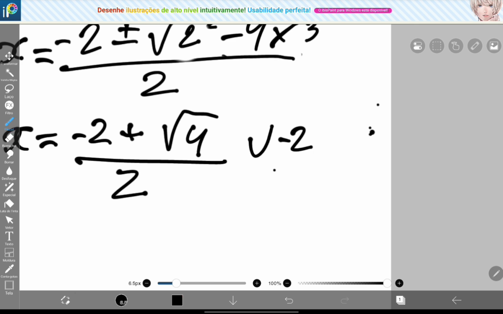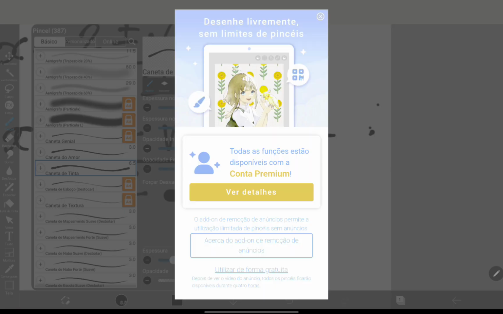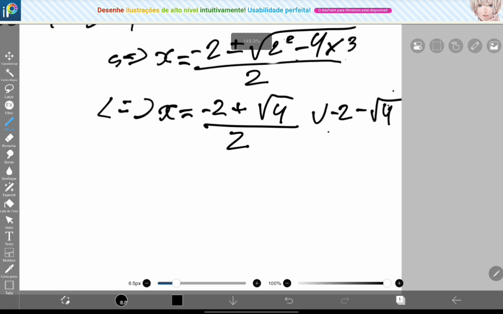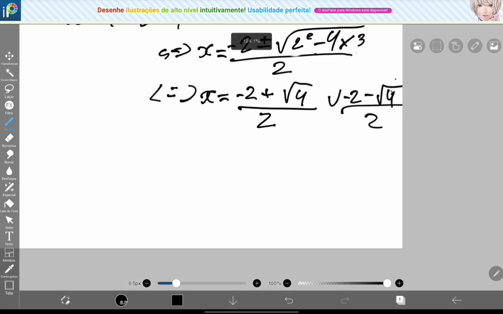Plus, no, it's not plus. Sorry, I'm nervous. Then it's equal minus, then 4, divided by 2. Okay, so now we can do this whole thing.